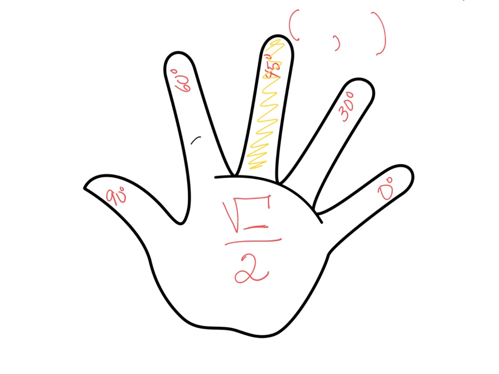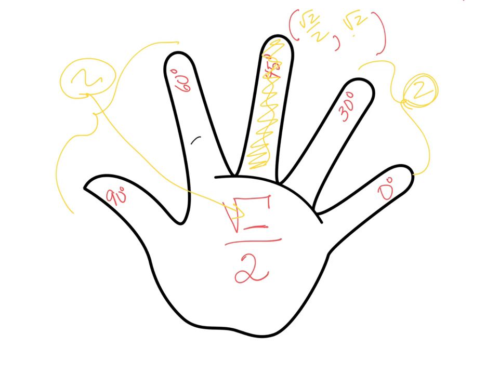So if I bend him down, I have 2 fingers here, and I have 2 fingers here. So I'm going to put this number in under the radical symbol. So that would give me the square root of 2 over 2 for my x value, and then I'll put this 2 under to get my y value. Square root of 2 over 2. And that would tell me the ordered pair for 45 degrees.